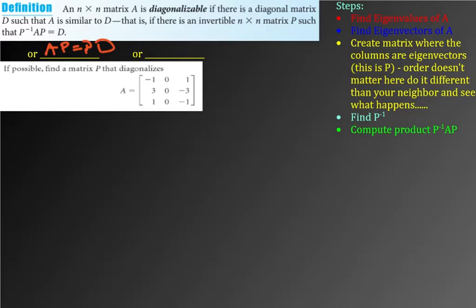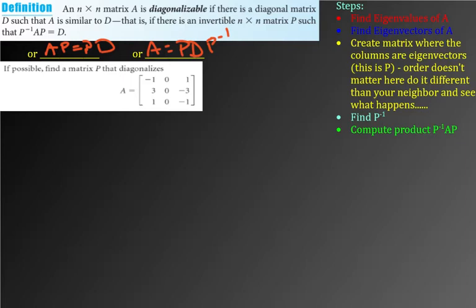And then you can do one more step and multiply on the right by P inverse. So you can also say A equals PDP inverse. All of these are equivalent things, right?